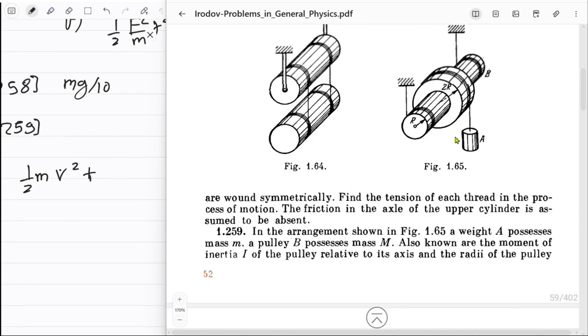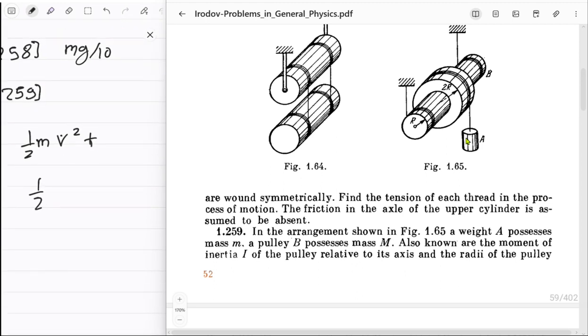this is moving down with velocity V upon 2. Actually, you've got half I, but not the I about the center of mass. Instead it's I plus... this is 2R, and that's R. Okay, this is not right.